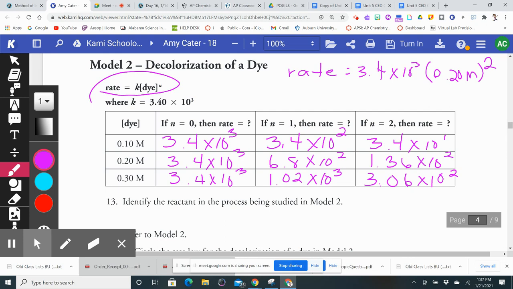With these, the part that you've got to know how to do in your brain is that when you raise something to the zero power, it has no effect. So that should be the same. The next column, it should double. When you double the concentration, you double the rate.